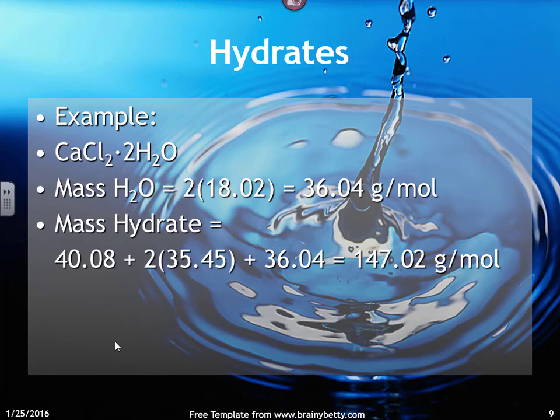Then you need to find the total mass of the compound. So you would add up 40.08, that's 1 calcium. 2 times 35.45 is 2 chlorines. 36.04 is the mass of the water that we already found. Altogether, you get 147.02 grams per mole.